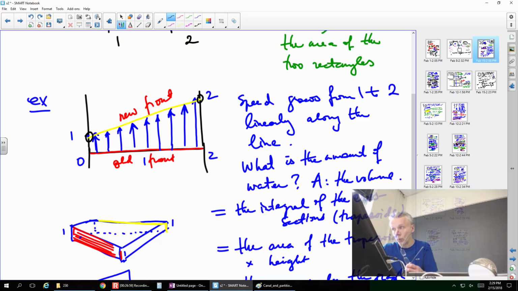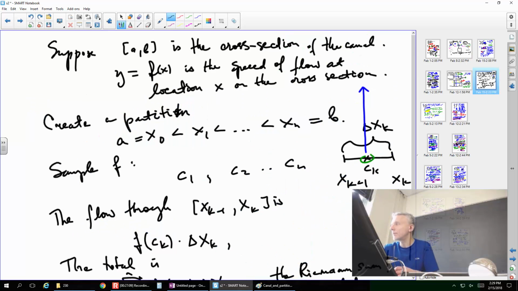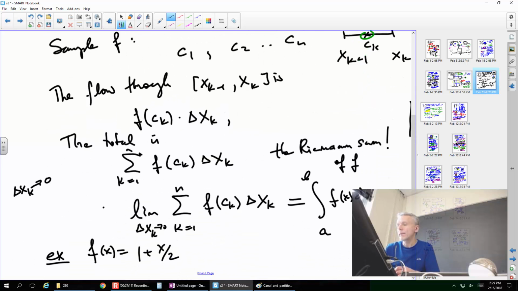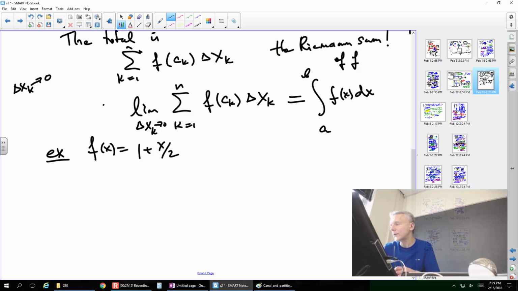The slope is 1/2, so the formula is indeed 1 plus x over 2. So this is passing through 1 at slope 1/2. That's what we're getting.